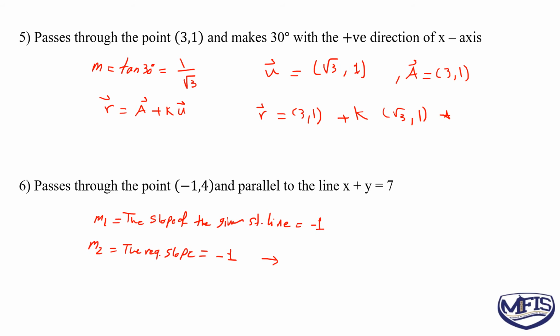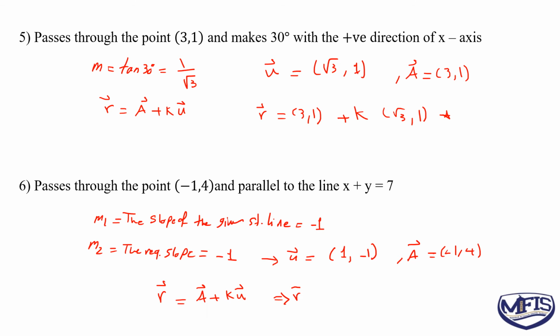So we can write the u vector: since we have negative 1 over 1, it will be (1, -1). The point A is represented by (-1, 4). So the required equation is r equals a plus k multiplied by the u vector.